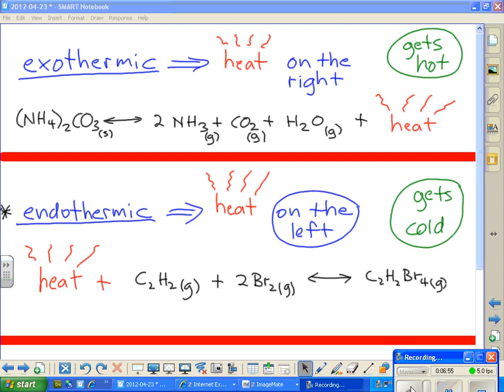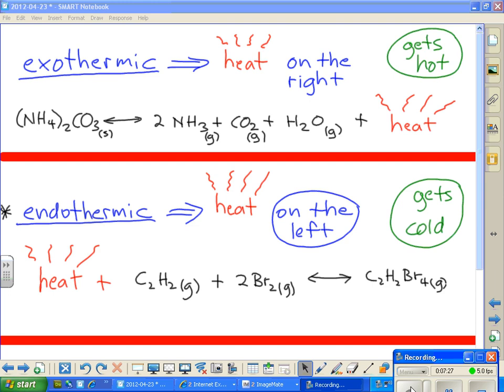So endothermic reactions are the kind that are in cold packs, where they mix chemicals, and the heat from your body is going to be one of the reactants on the left side. On the exothermic reaction, this is like burning something. It produces heat when you burn. Now, in exothermic reactions that are equilibrium reactions, we still have the same thing.